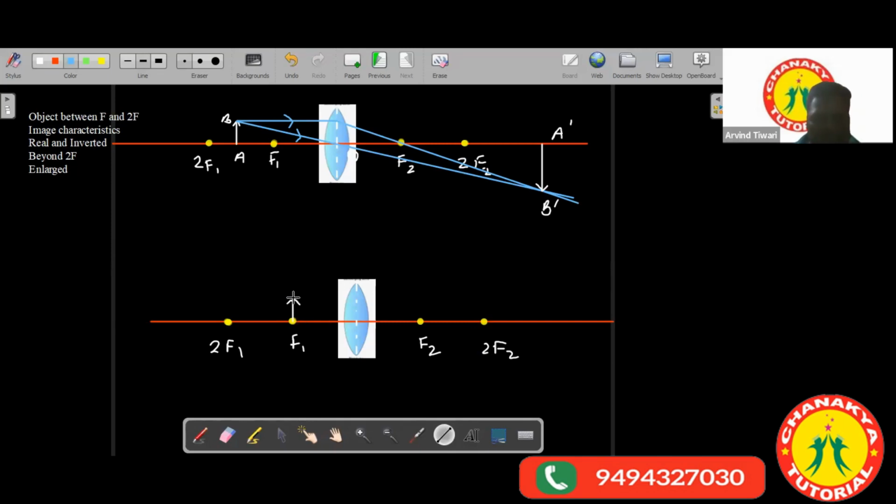One of the light rays, parallel to the principal axis, passes like this, and then the ray of light bends towards focus. So it passes through focus. This is the first ray of light. Then draw the second ray of light which passes through the optic center.